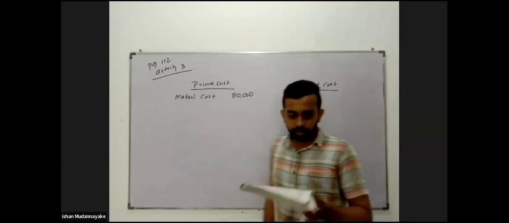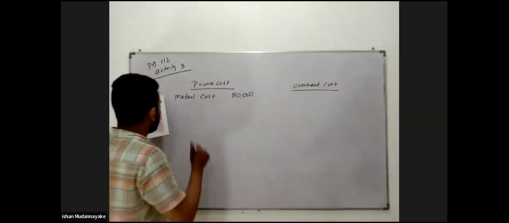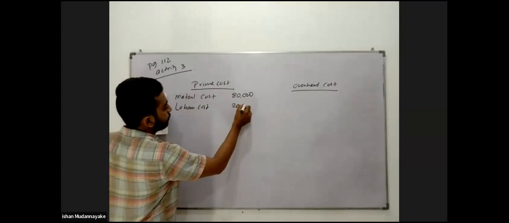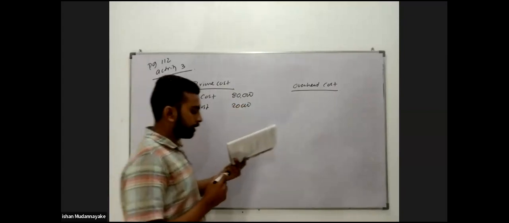Prime cost. Okay, labor cost will be categorized under prime cost. Write down labor cost 20,000 under prime cost.